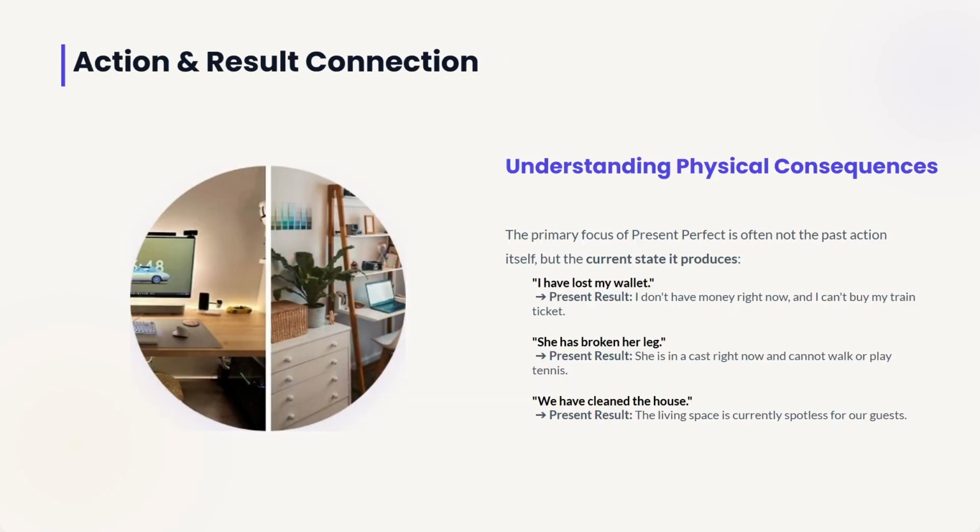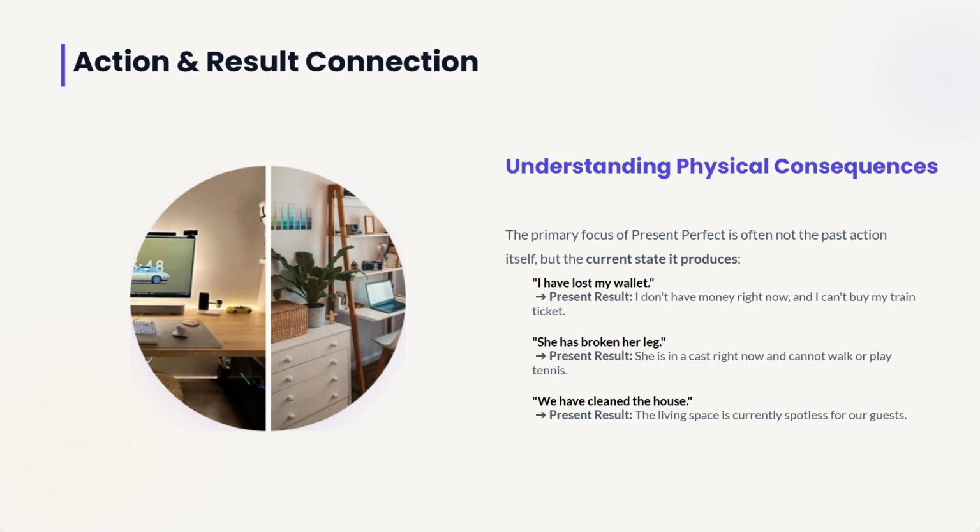Action and result connection. One of the most important uses of the present perfect is showing a present result. Listen to the sentence. I have lost my wallet. The important information is not the moment the wallet disappeared. The important information is that I don't have my wallet now. Another example. She has broken her leg.